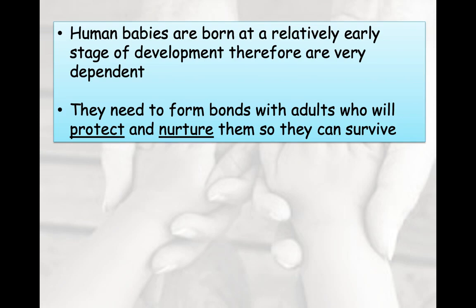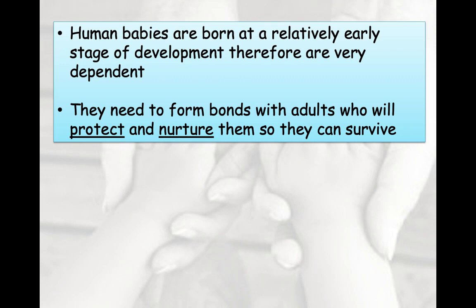However, babies aren't able to do that, so they are born at a really early stage of development, so they're really dependent on their primary caregiver. So they have to form this attachment or bond with an adult who's going to protect and nurture them so that they can survive. So it's a survival instinct.